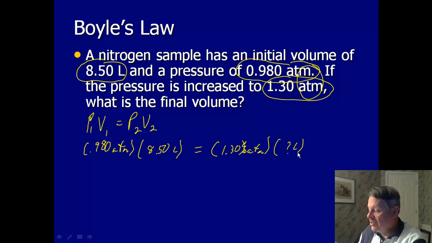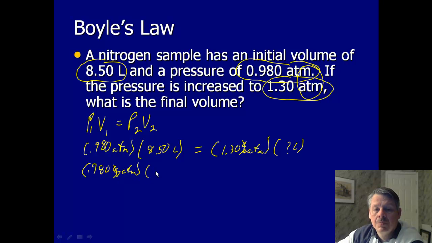Now, pause the video and see if you can work that out mathematically. Alright, folks, this should be pretty easy for you. All you have to do is multiply these two things on the left and divide by the 1.30. I'm going to write this one out, and after that I'm not going to write them out anymore because I don't want to waste your time or mine.